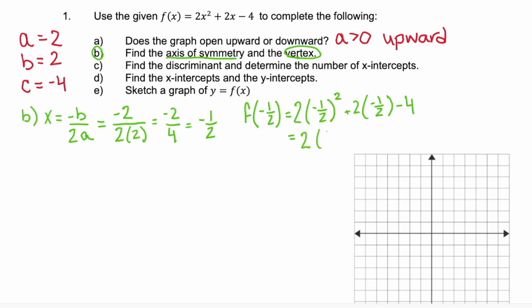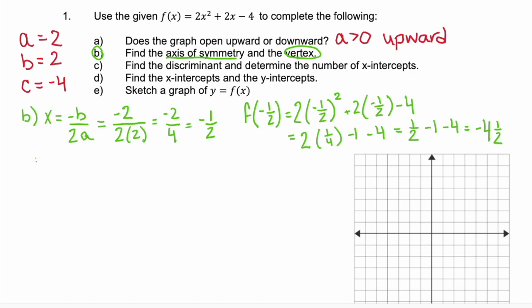-1/2 squared is 1/4, and 2 times -1/2 is -1 minus 4. So we get 2 times 1/4, which is 1/2, minus 1 minus 4. 1/2 minus 1 minus 4 equals -4.5.